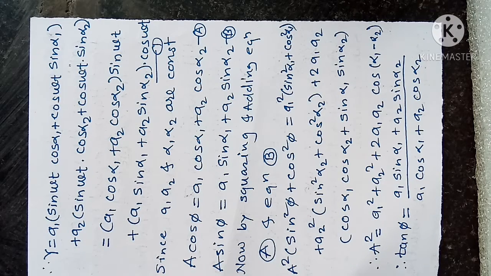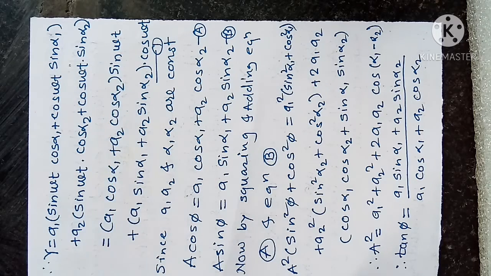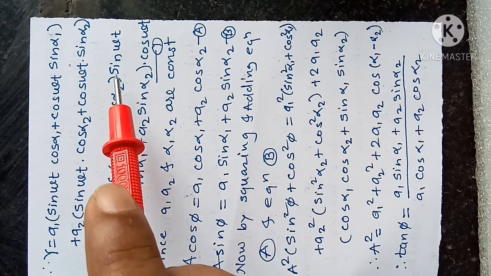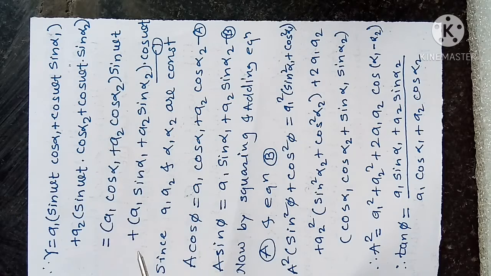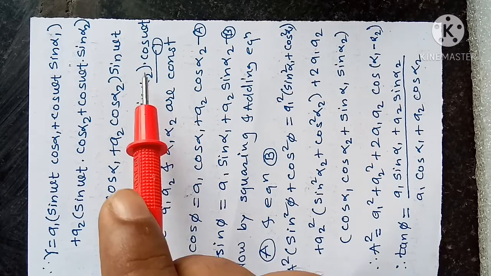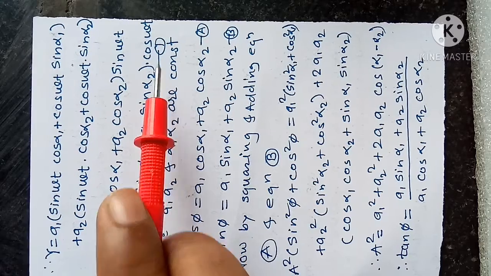If we take sin omega t common, that is equal to (A1 cos alpha 1 plus A2 cos alpha 2) sin omega t plus (A1 sin alpha 1 plus A2 sin alpha 2) cos omega t. Let this be equation number 1.